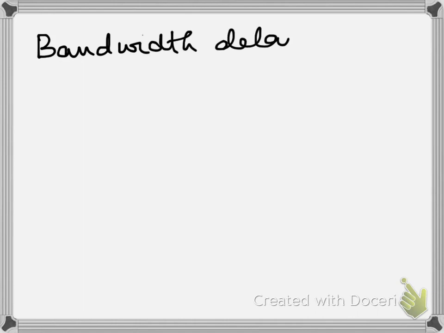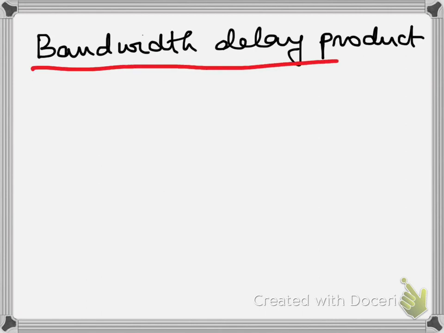So what is this metric? This metric is called the bandwidth delay product. From the name, you can see it says bandwidth, we have the delay, and we have the product of the two.